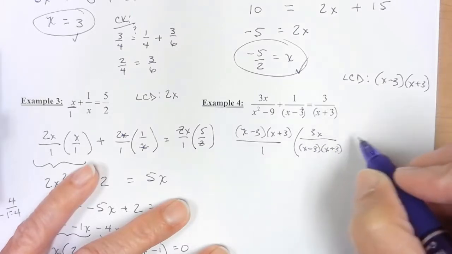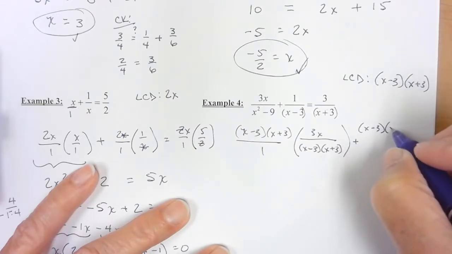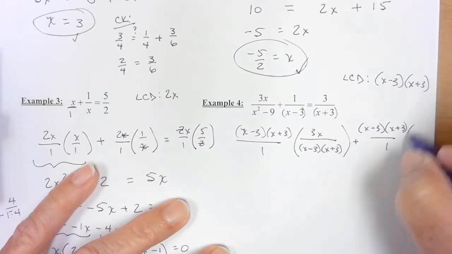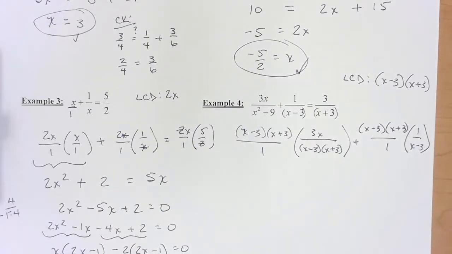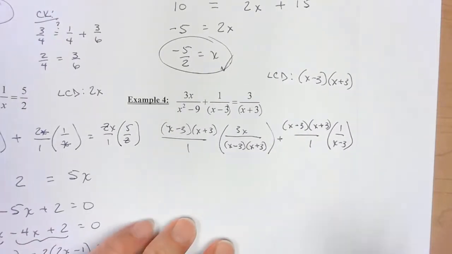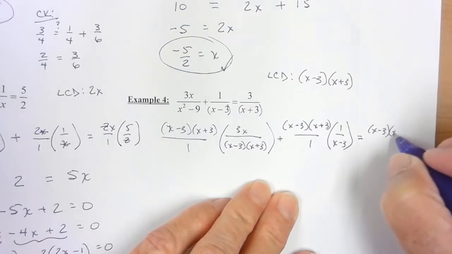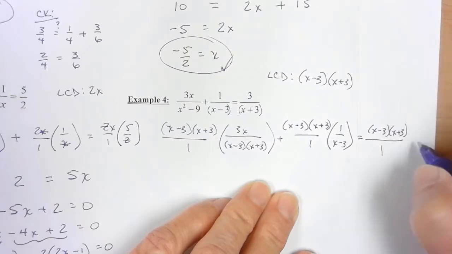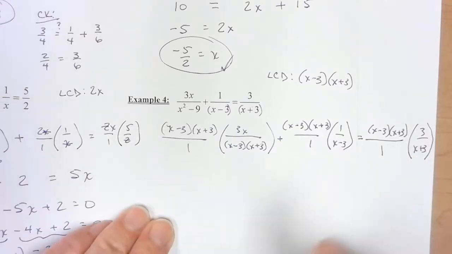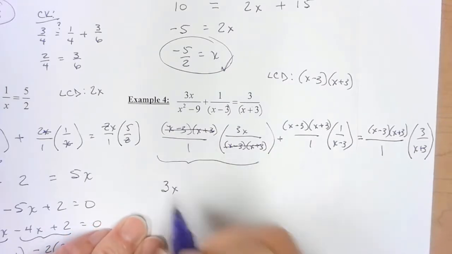Okay, out of this one, those denominators, so out of this first one, all I have is a 3x.